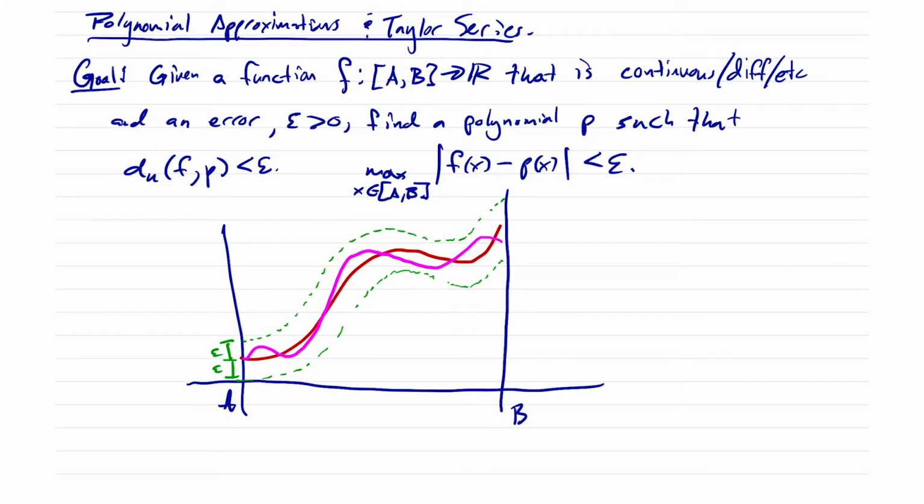We're going to look at a variety of methods that do this, and the first method comes straight out of Calculus 2, and that is Taylor polynomials. So let's figure out how you could find this approximation from the beginning.